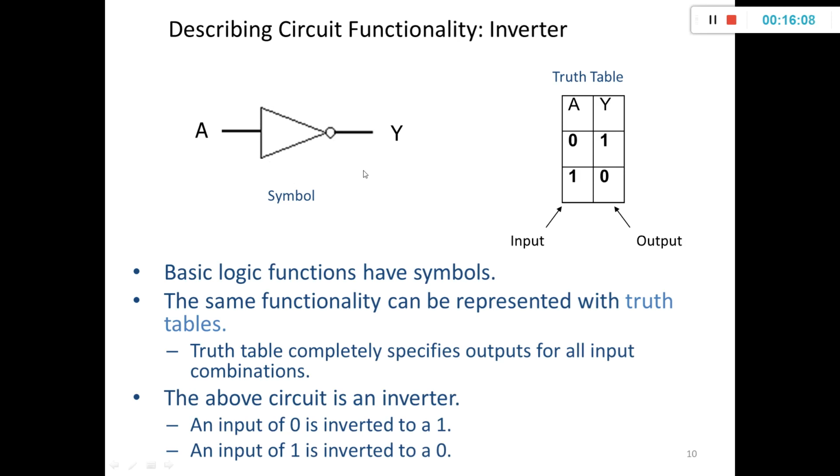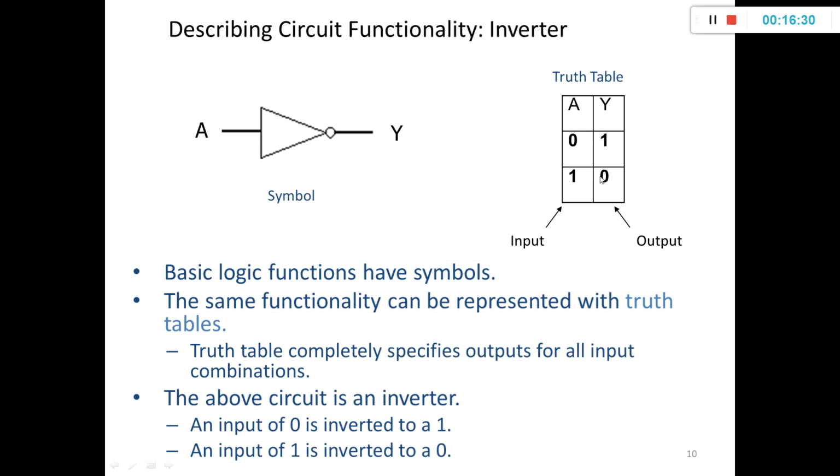Depending on the functionality of the logic circuit, the truth table will be established. Basic logic functions have symbols, so this is the symbol for the inverter. Next, the same functionality can be represented with a truth table. There is the truth table. Can you see here?